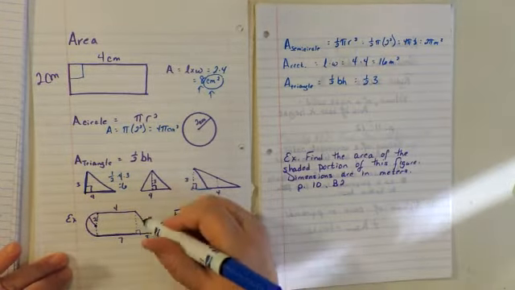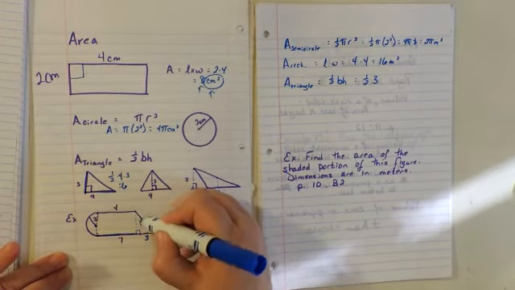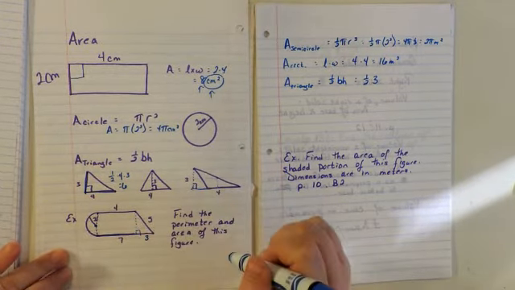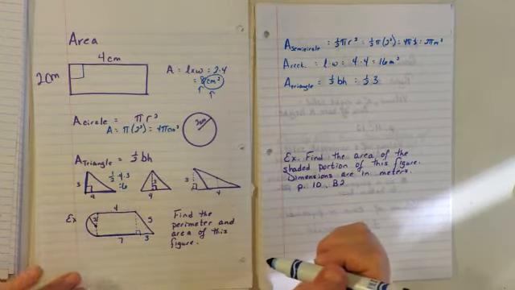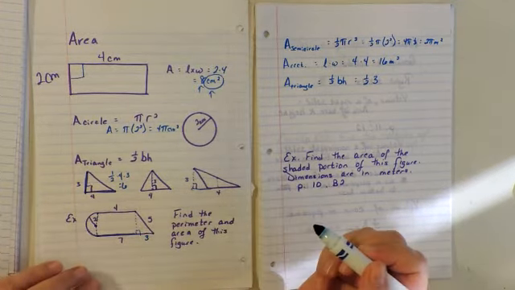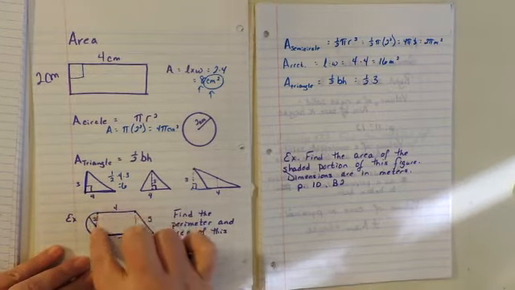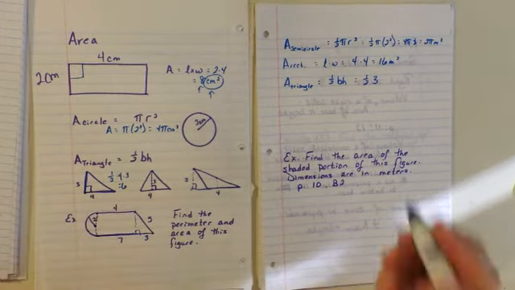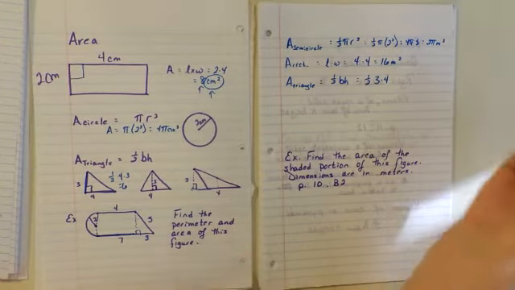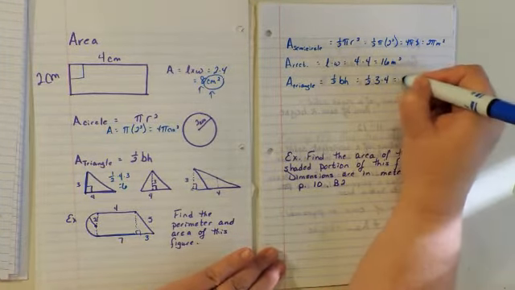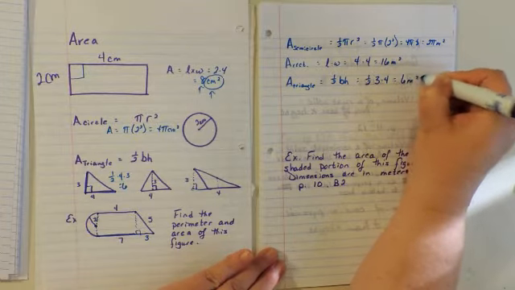The height is not 5. 5 is this slant height. Okay, we're going to use that when we do perimeter, but right now we're doing area. So for the height, we're actually going to use this measure, which once again is 2 times the radius. So that's 4. So we have 1/2 times 3 times 4. We actually already did that. So that's 6 meters squared.